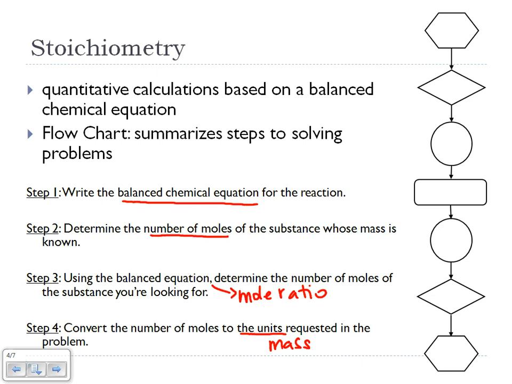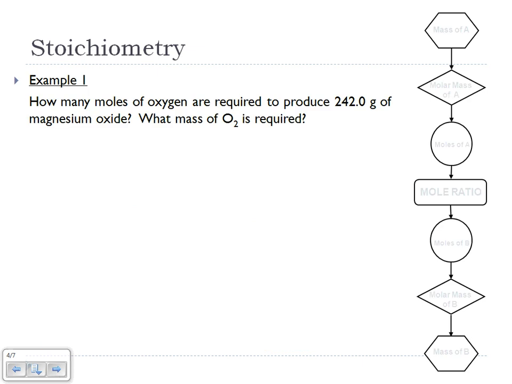So if I flip this over to the next slide, you can't really see that. It's pretty faint. I might have to write that in. So up here, this is the mass of A. We use the conversion factor, which is the molar mass, so I'll just write mm.